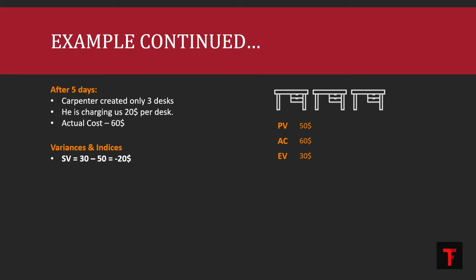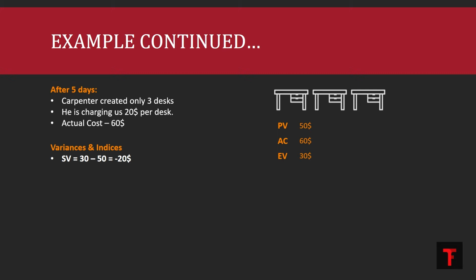What does this minus 20 represent? By the fifth day, we were supposed to finish 5 desks. So right now, it means that we are 2 desks short. In this situation, this $20 represents the 2 desks, based on the planned budget.